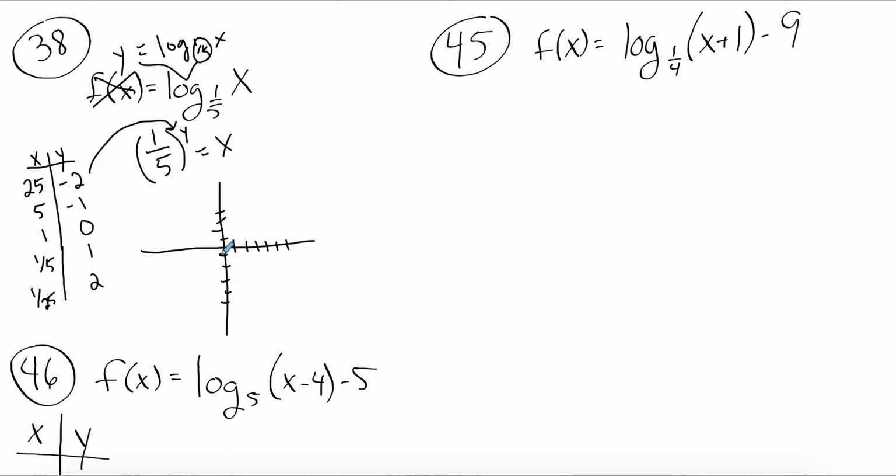Okay, and then when we go ahead and graph this, we're going to have the shape that kind of goes like this. So (1, 0) is always the one that it goes through. (1/5, 1), so that'll be up here. And remember, I'm not going to see how close you get to that. I'm just going to be looking for something close-ish. And then (5, -1). And then your (25, -2) is kind of off in space. So we've got this graph right here, and then it goes up this way.